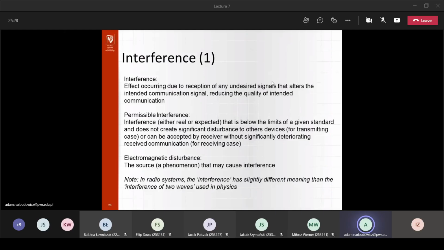There is a language issue here, because very often in physics classes you may hear about constructive and destructive interference, which has to do with how two different waves interact with each other, superposition and all that. In the next lecture, when we go to Earth antenna and propagation, we'll also talk about this sort of interference.